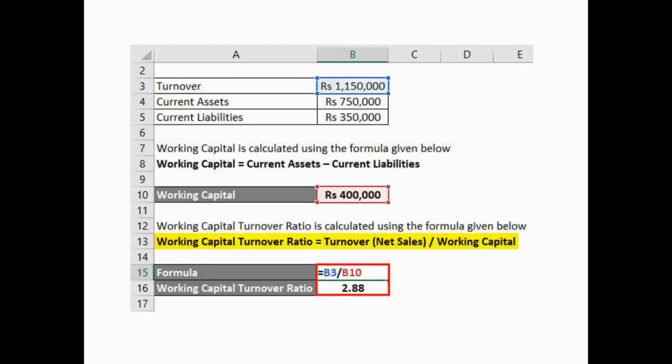Turnover ratio: turnover is 11,50,000 and working capital is 4 lakhs. So the working capital turnover ratio is 2.88%.